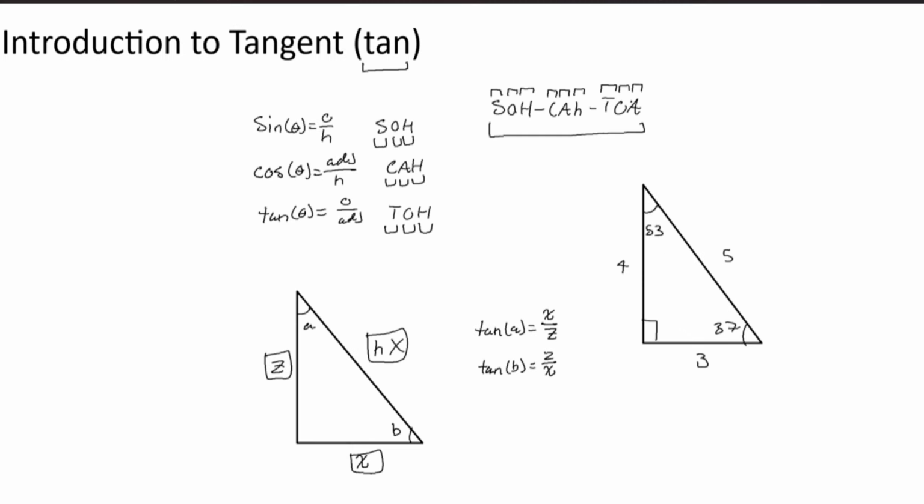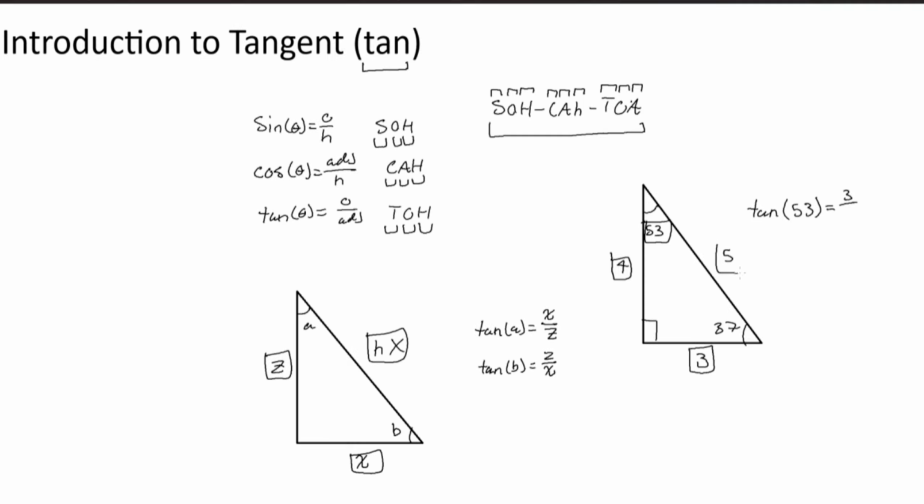So if we were to get the tangent of angle 53 here, in this instance with these numbers, the tangent of this angle 53 would be equal to the opposite side, which is 3, over the adjacent side, which is 4, because the adjacent is the line segment that's not the hypotenuse that makes up the angle.